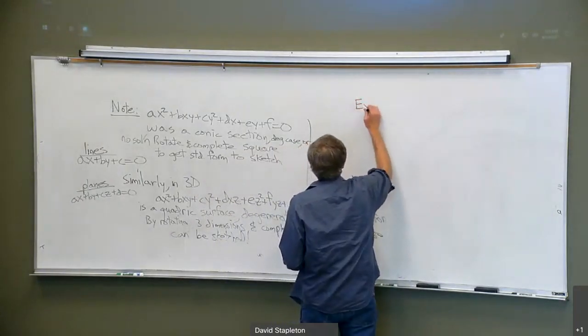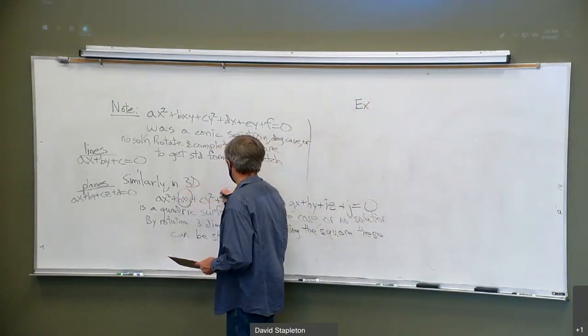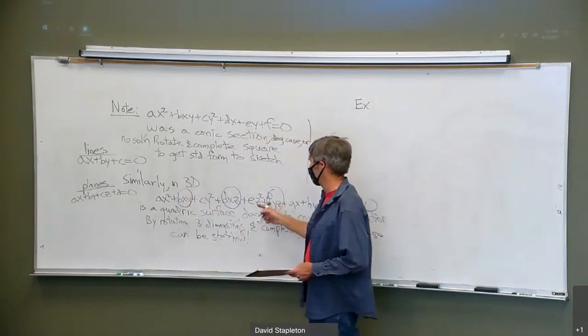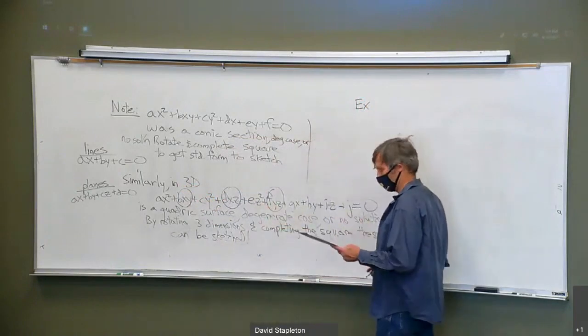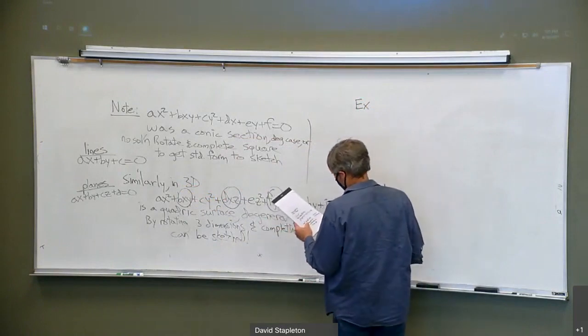Let's translate and sketch. What you do with the rotations is get rid of these cross terms, the xy, the xz, and the yz. You rotate 3 times to get rid of those cross terms, and then the remaining part you can complete the square. So let's try this one.